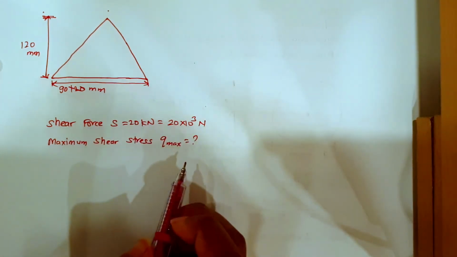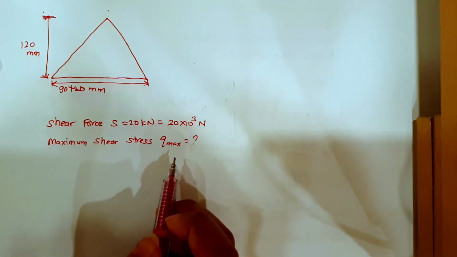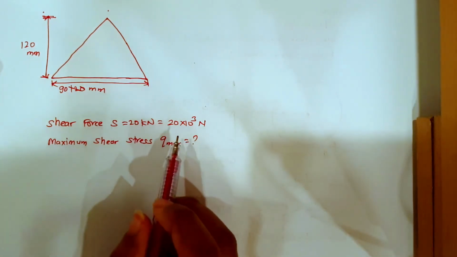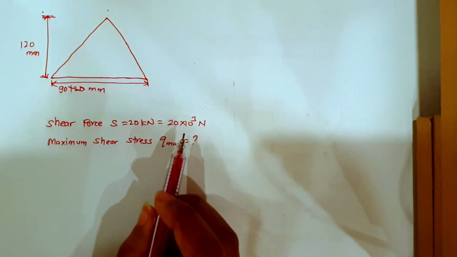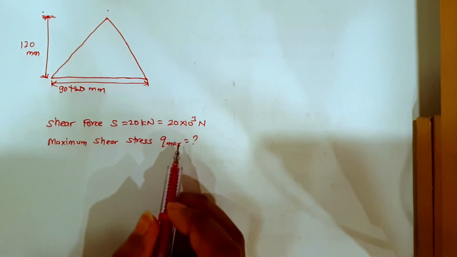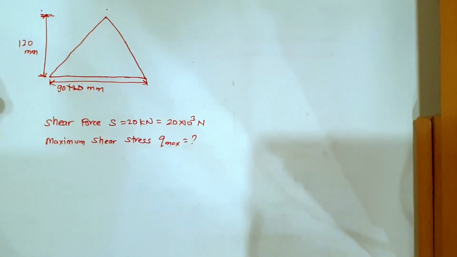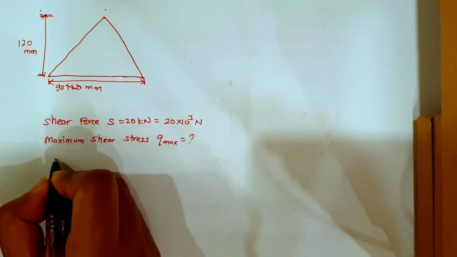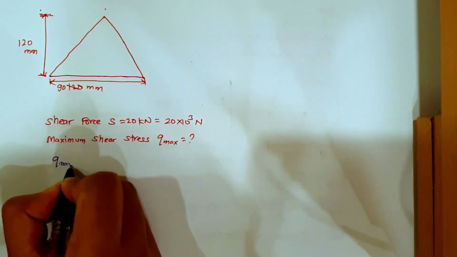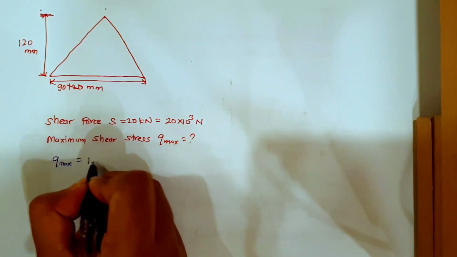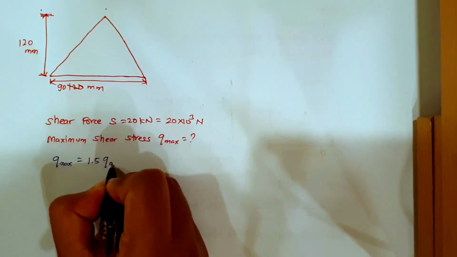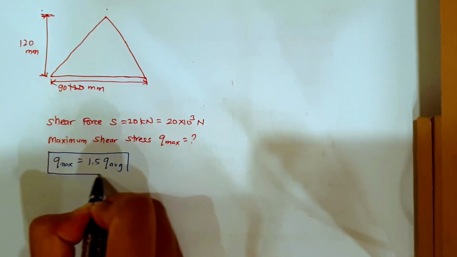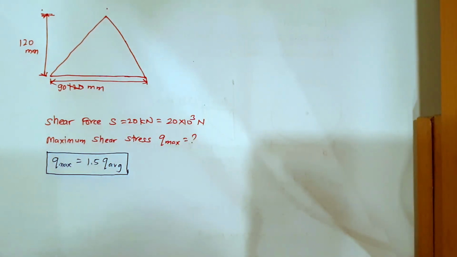So we need to indicate all the shear stresses after drawing the shear stress distribution diagram. Now how do we find Q max for triangular section? Q max is equal to 1.5 times Q average. This formula doesn't change, it has remained the same for all the three types of section.